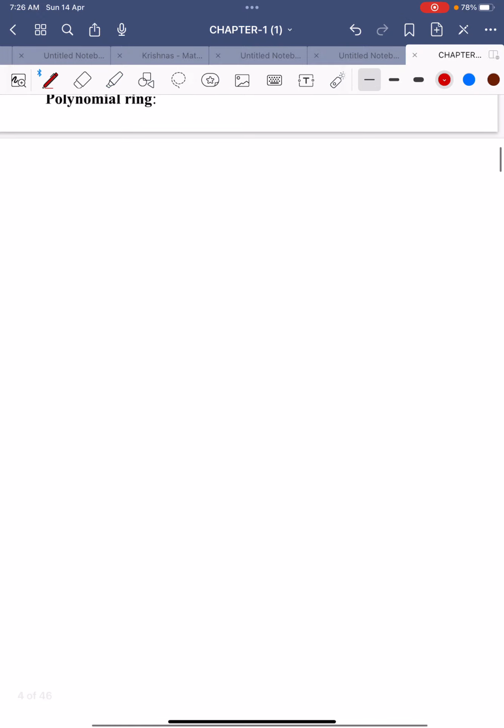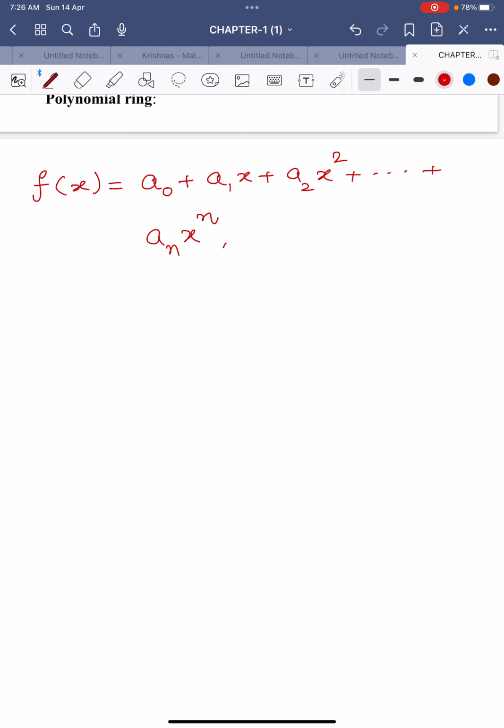So polynomial means an expression of the form f of x is equal to a0 plus a1x plus a2x square plus and so on plus an x power n, where remember that an is not equal to 0. An expression of this form is called a polynomial.